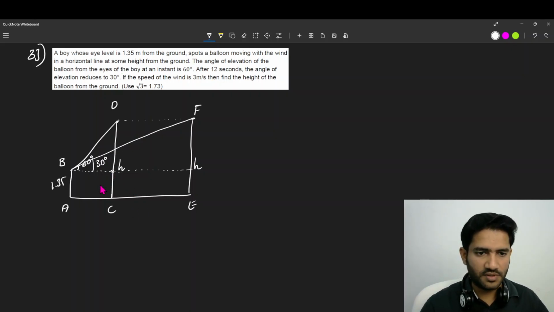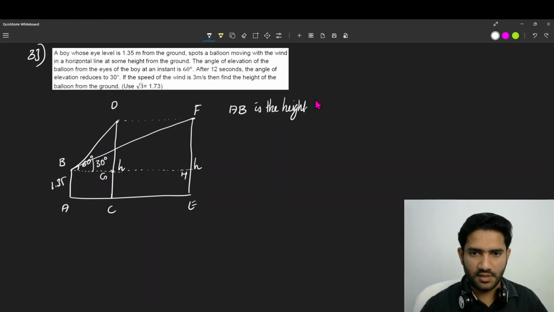Here we consider points A, B, C, D, E, F, and this is G and H. AB is the height of the boy, or the boy's eye level, so AB equals 1.35 meter.